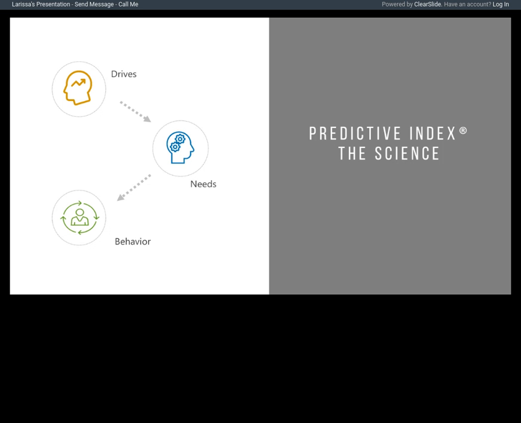And that's going to let us know whether someone needs direction or autonomy, just as one example. Then how much or how little of that drive, where you are on that spectrum, how far away from that middle point you go, is going to start to give us some predictive behaviors.